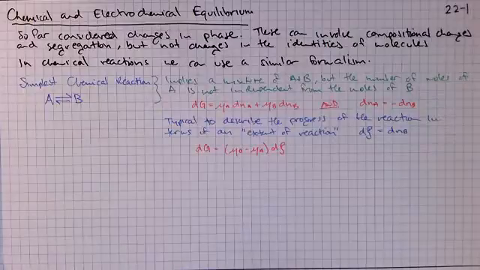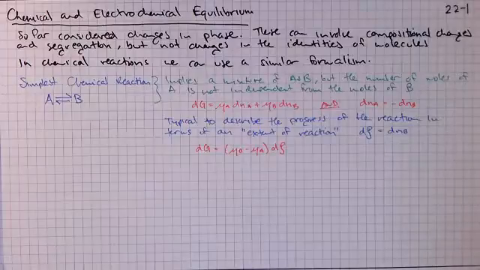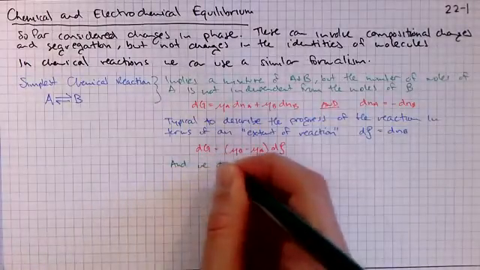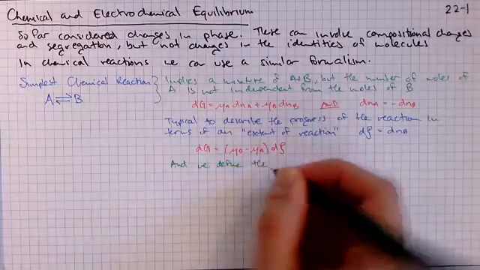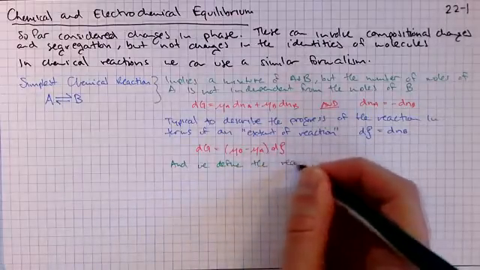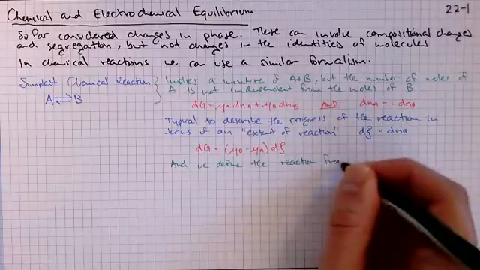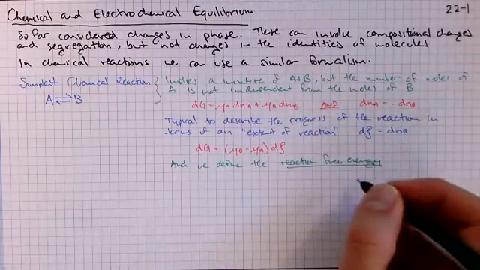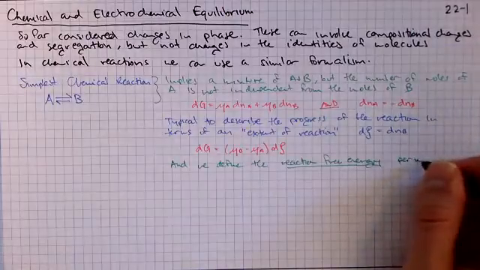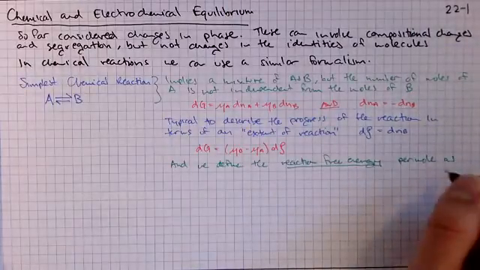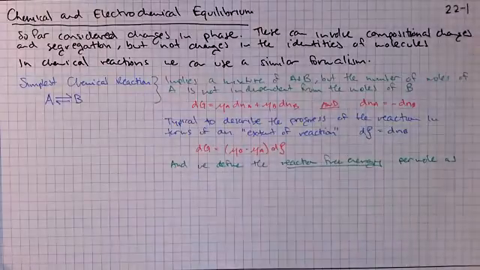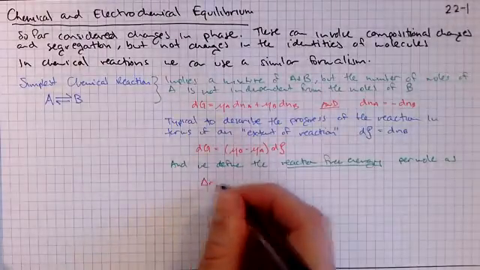And then once we've done that, we can define the reaction free energy per mole, which we're going to write as delta Rg.